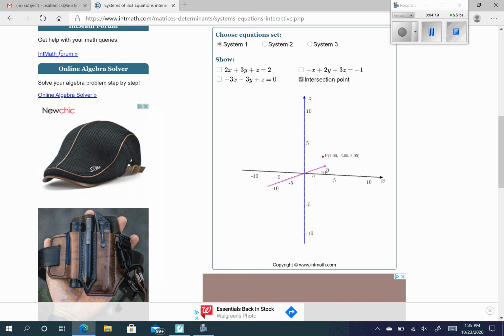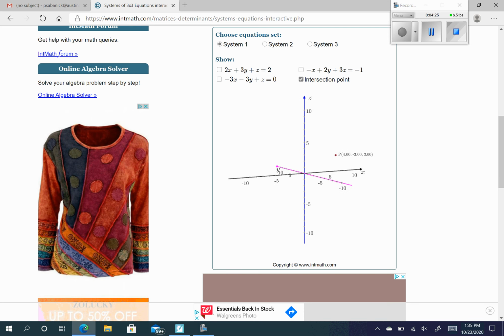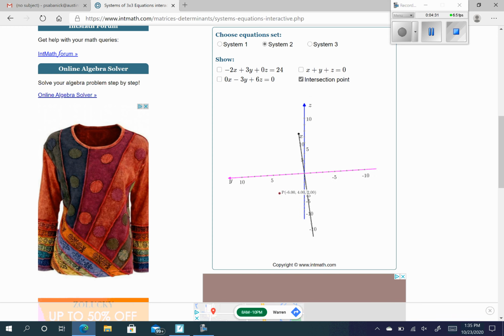So again, we're three-dimensional here. But the way we go to turn it, it might be hard to line it up. But again, you could kind of play around with this. And the same thing would be true of the second system. We could hit the intersection point there, deselect the first one, and it kind of shows you that point is just floating there in three-dimensional space. So pretty cool idea now with a system of three equations.